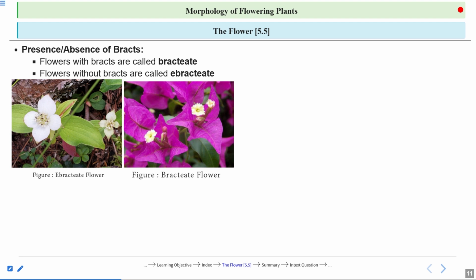So the flowers that contain bracts are called bracteate, and if the bracts are not present, they are called ebracteate flowers. So it is clear about bracteate and ebracteate. Remember, these are not petals. These are modified leaves that are very brightly colored.